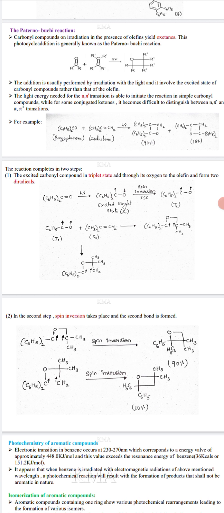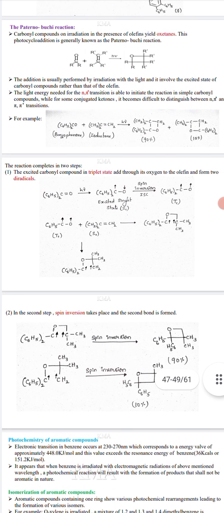Now this intermediate undergoes the second step, where spin inversion takes place and the second bond is formed. So when this triplet state of benzophenone and the ground singlet state of alkene react, it gives rise to two types of products, one major and another minor.